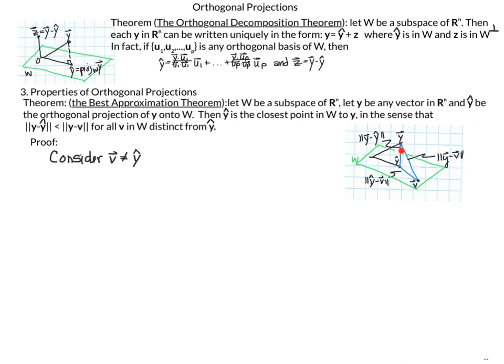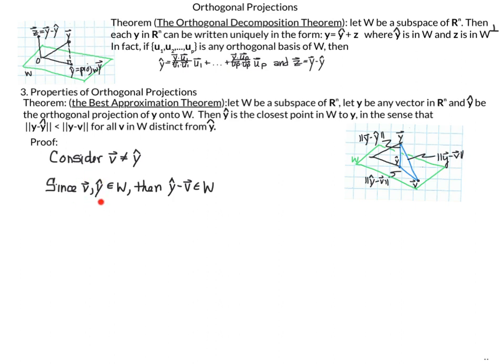Here's our y and our y hat, which is just found by dropping a perpendicular down onto W. And here's another arbitrary vector v, also in W. What we want to show is that the distance between y and y hat is less than the distance between y and v. Again, v is arbitrarily chosen, but it's chosen such that it is not equal to y hat.